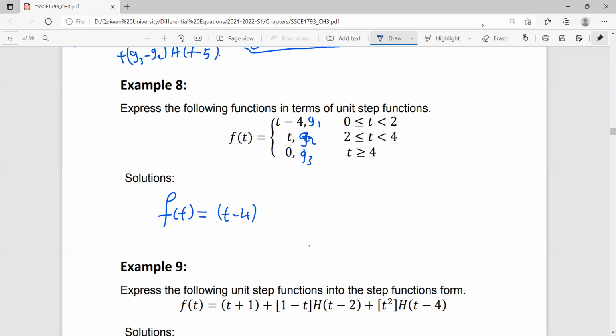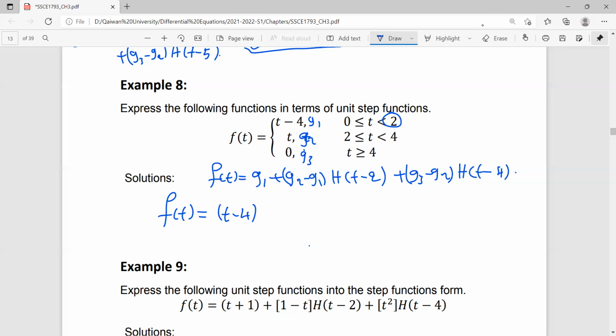Let me write down the rule first. You say f of t equals g1 plus g2 minus g1 times h of t minus a. What's a here? It's 2, the previous one, plus g3 minus g2 times h of t minus 4.